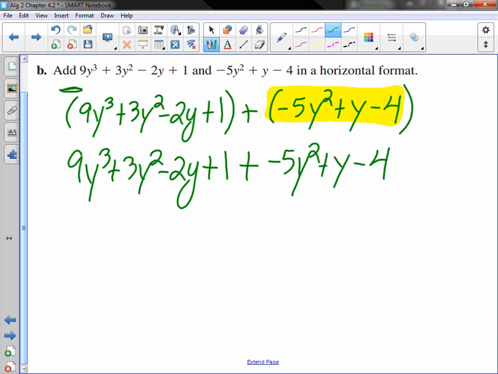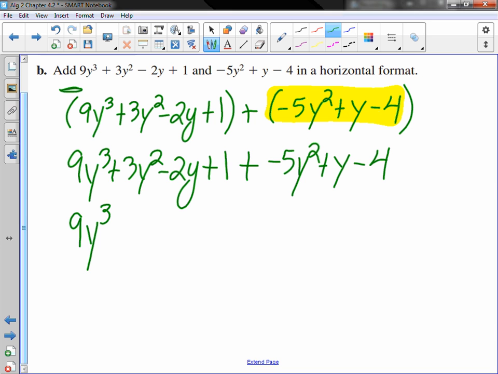What I'm going to do is reorganize these just so it's easier to see what's going on and put the terms that are like each other next to each other. Well, I have 9y cubed. I have no other y cubed terms, correct?